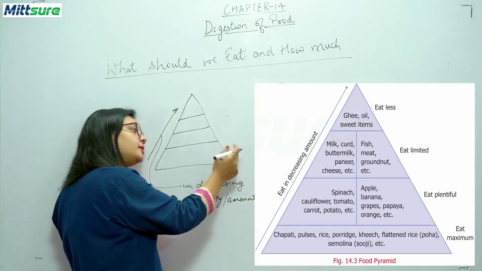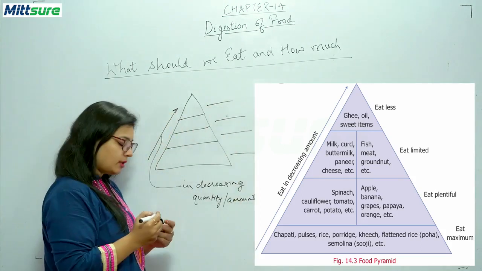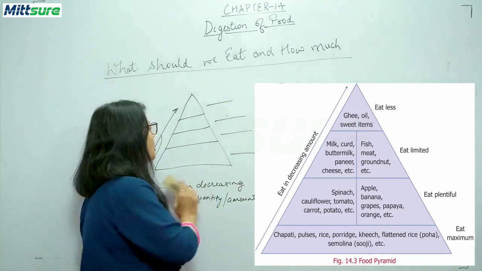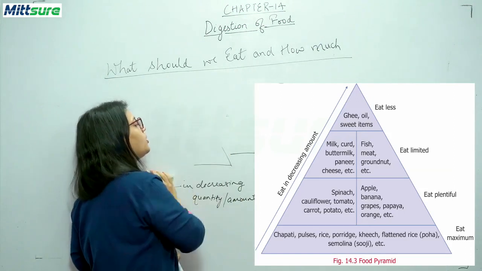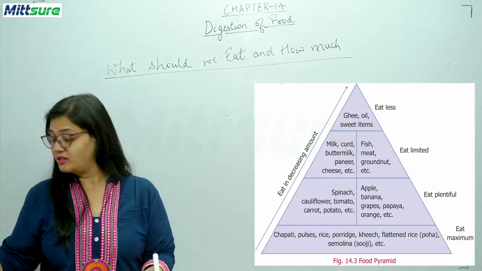And here it is written how much food we should eat. Okay, now let's see the image and discuss this picture given in your book regarding how much we should eat and what we should eat.